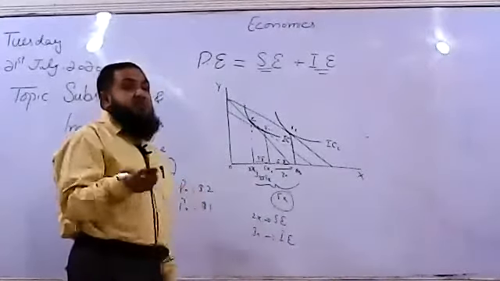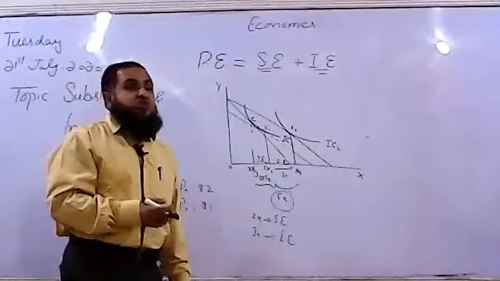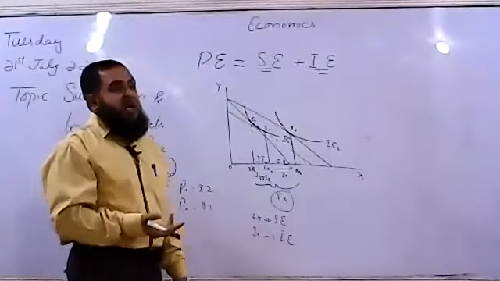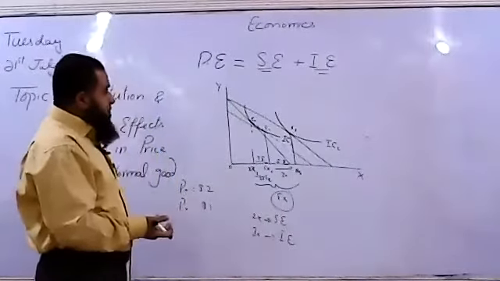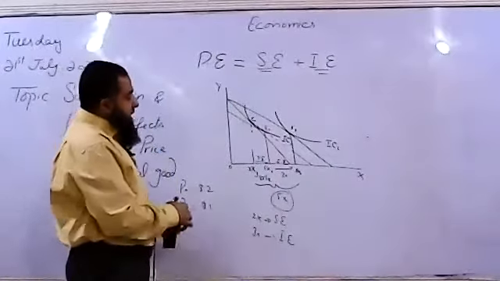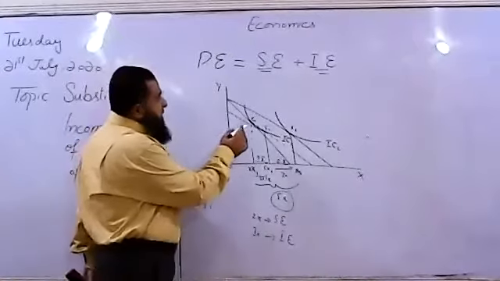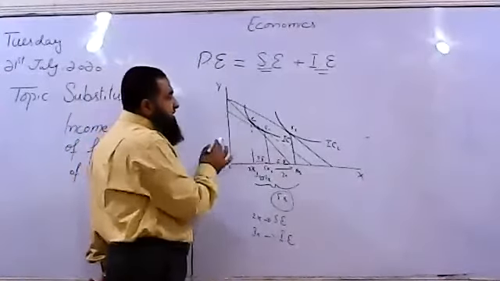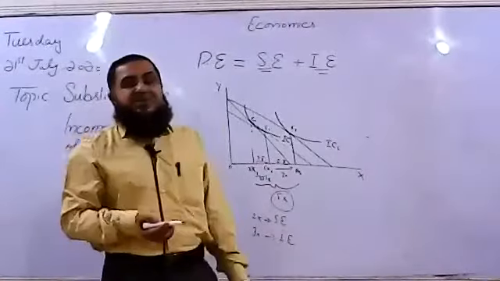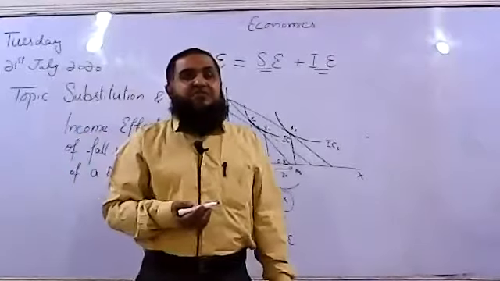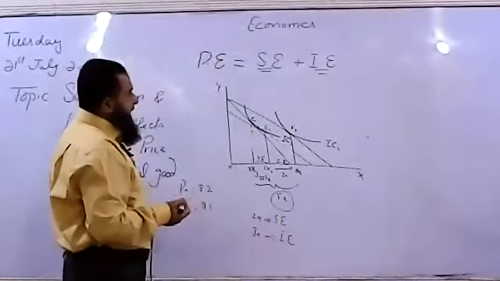Substitution effect says when price of X falls, consumer will substitute Y with X as it has become relatively low price than commodity Y at new prices. So we see the movement along the previous indifference curve to remain at the previous indifference curve at new prices. That will tell us the substitution effect.